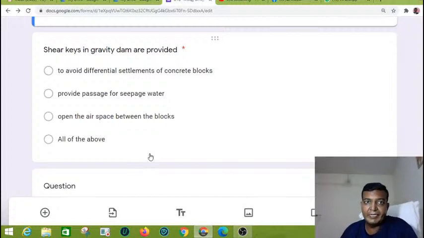Shear keys in the gravity dams are provided to avoid differential settlement of the concrete blocks, provide passage for the seepage water, open the airspace between the blocks, and all of the above. Shear keys in the gravity dams are provided for which reason?